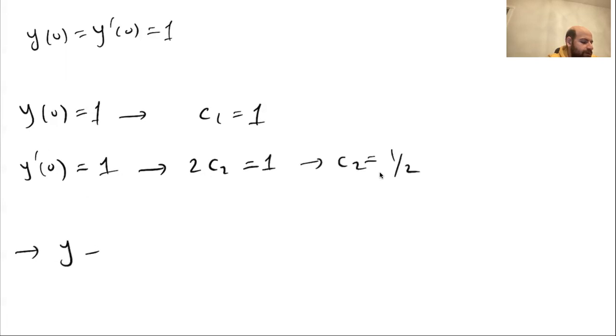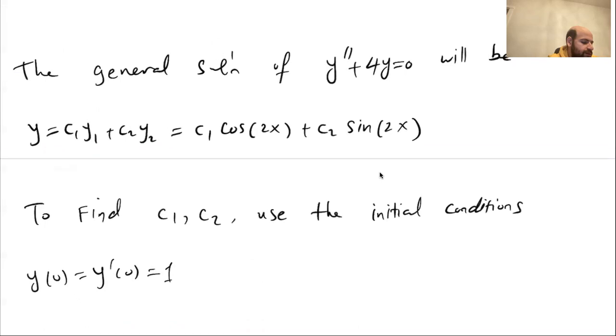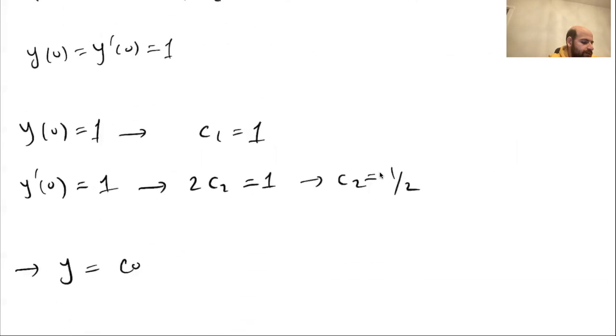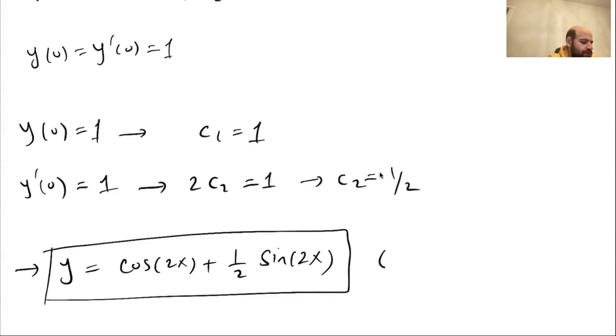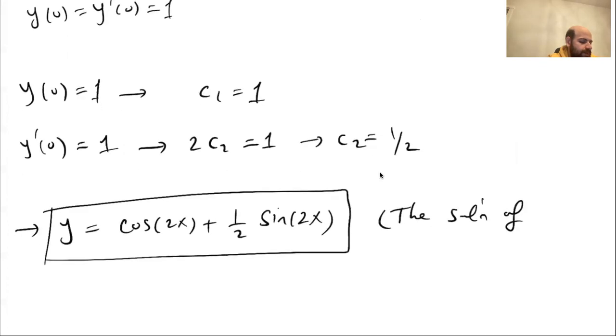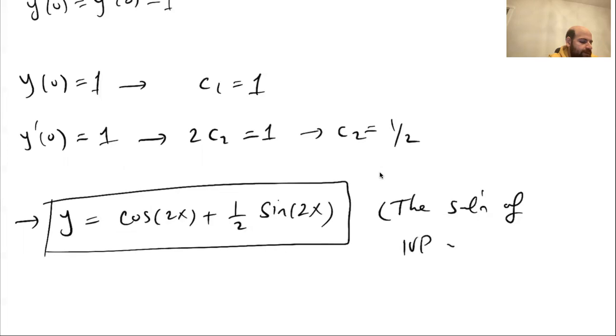So y will be equal to, c1 is 1, so cos 2x plus 1/2 sine 2x. This is the solution of the IVP y double prime plus 4y equals 0, with y of 0 equals y prime of 0 equals 1.